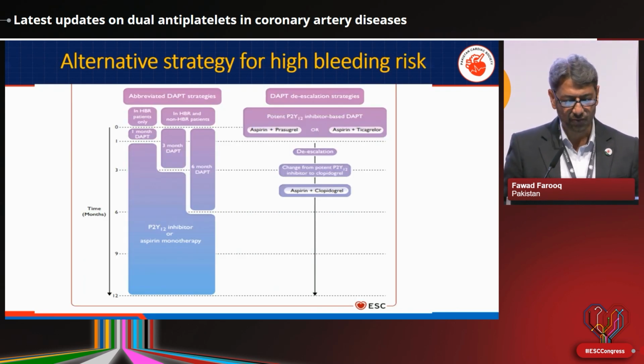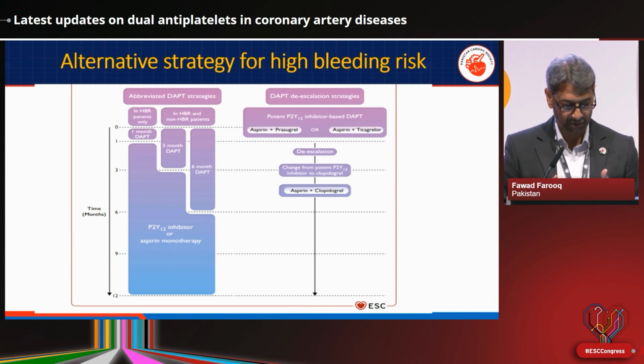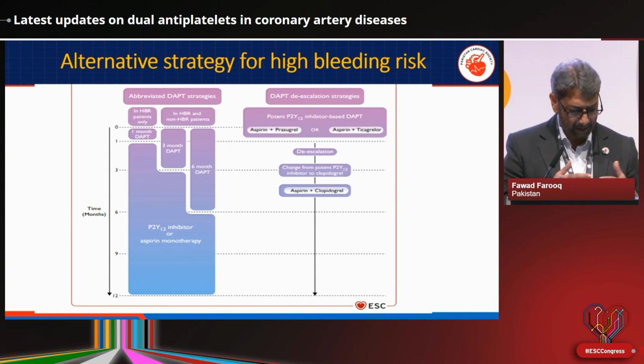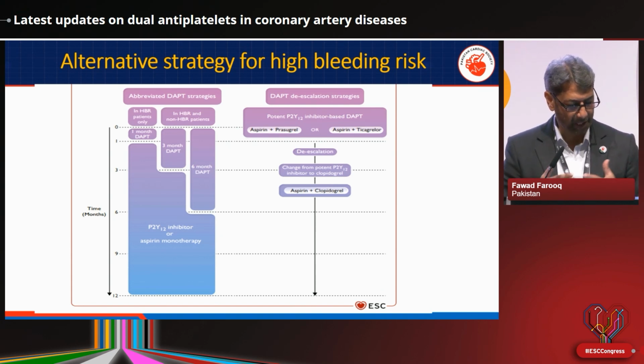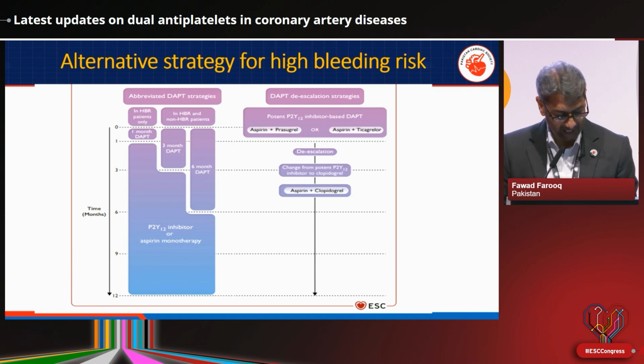In that sense, there are alternative strategies for high bleeding risk patients. Here you can manage your antiplatelet duration accordingly. You start with a de-escalation strategy, starting with aspirin and prasugrel or aspirin with ticagrelor.